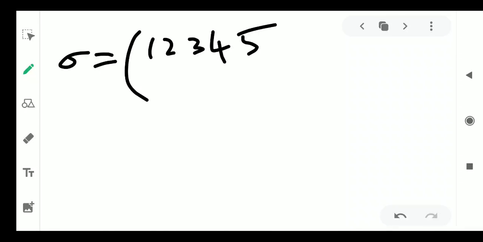Let sigma be equal to 1, 2, 3, 4, 5 in the first row. Here 1 goes to 3, 2 goes to 2, 3 goes to say 5, 4 goes to 1, then one more is left, so it is 4.